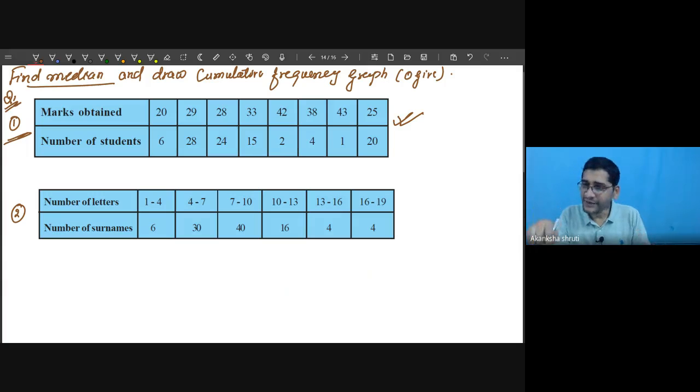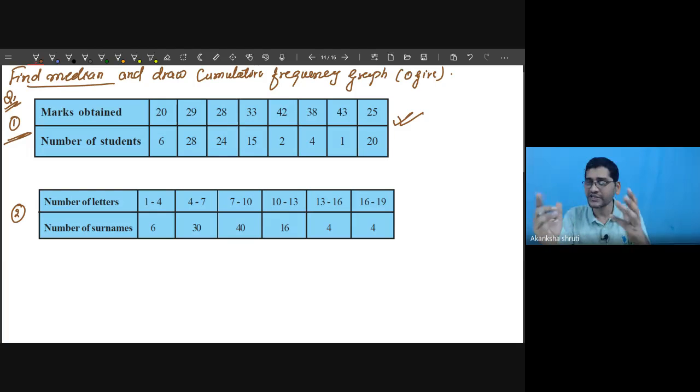Student, keep in mind, the first data given is the individual observation, not a range. Though the mark 20 is obtained by 6 students, it is written like that, but it is not a range of data in which the observations fall. So the first data is also ungrouped data.